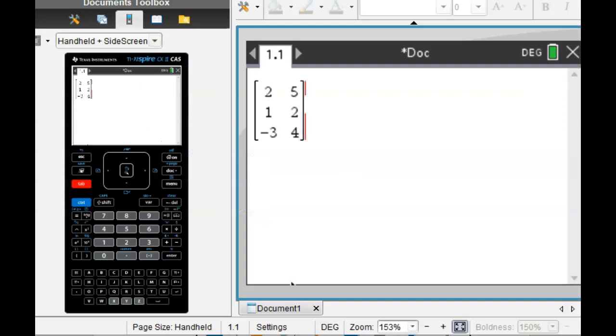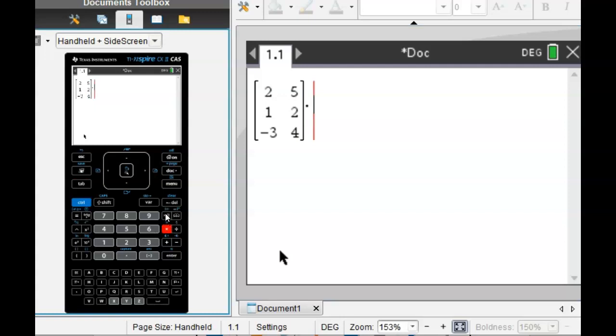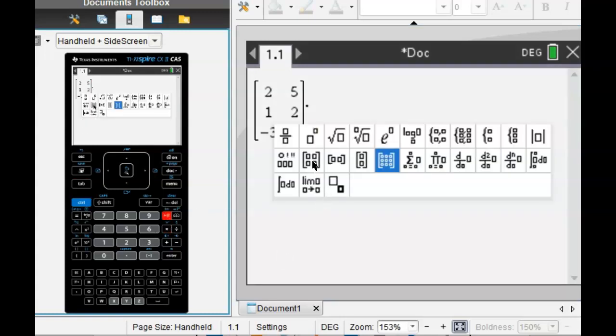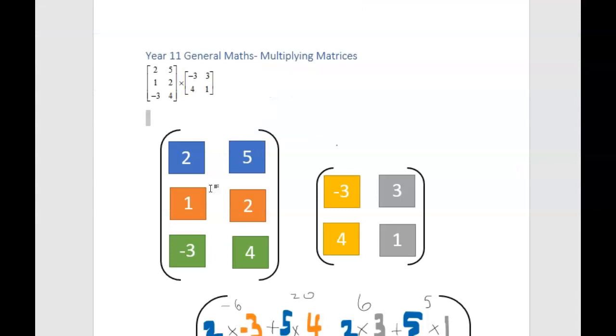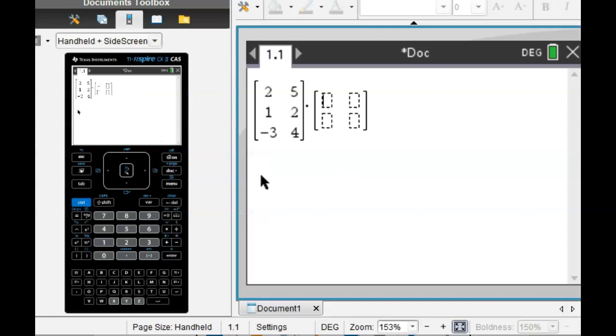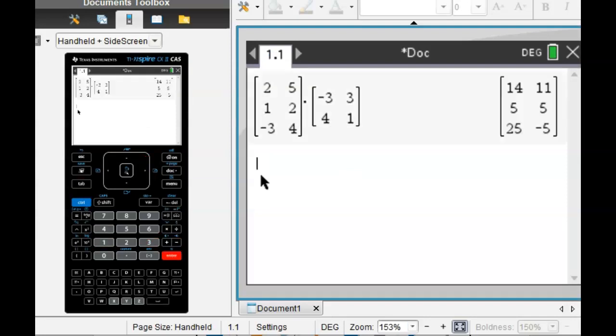Now we're multiplying, so you can just press the multiply sign. We're multiplying by a 2 by 2, and the good thing is it's already there for us. It's -3, 3, 4, 1. Press enter and hope that it is the same as what you had.